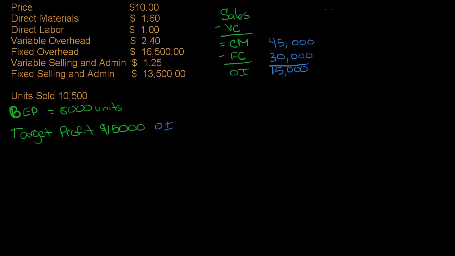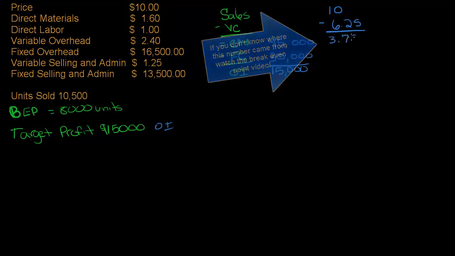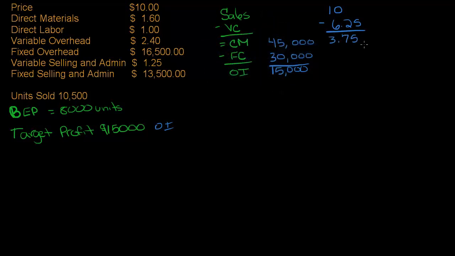Remember from break-even point, sales are 10 minus variable cost of 6.25 gives me a contribution margin per unit of $3.75. So what do I do now?